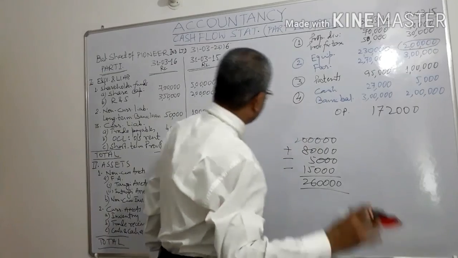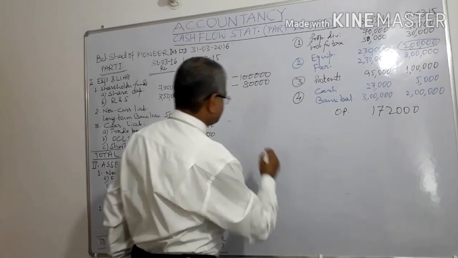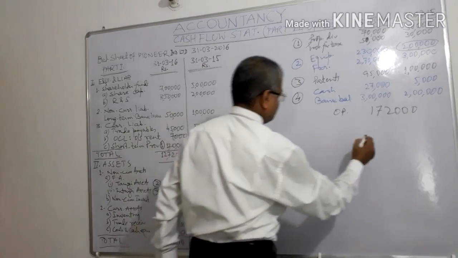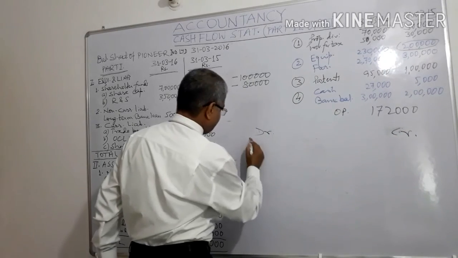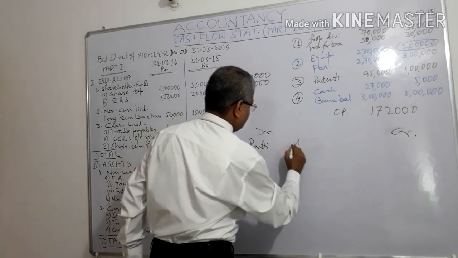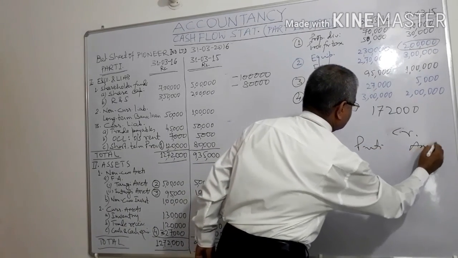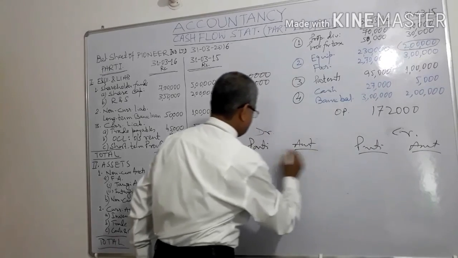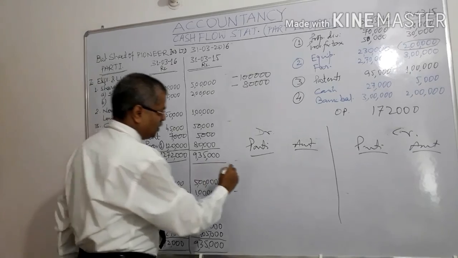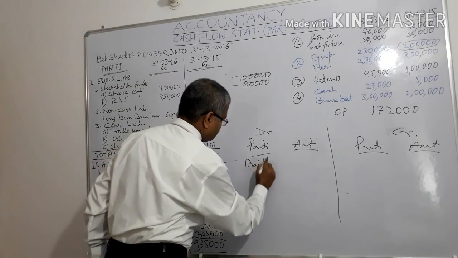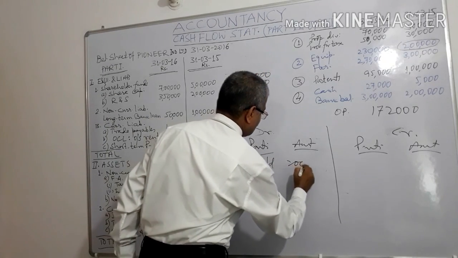And other way you can do it like this, that equipment account, debit, credit, particulars, amount, particulars, amount, right? So how do we do that? Balance brought down. What is the balance brought down? 2 lakhs, right? Balance brought down 2 lakhs.